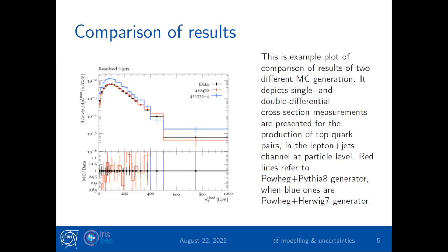Yeah, okay, exactly. So we have proton collisions, and the results of these collisions produce a lot of top-quark pairs.